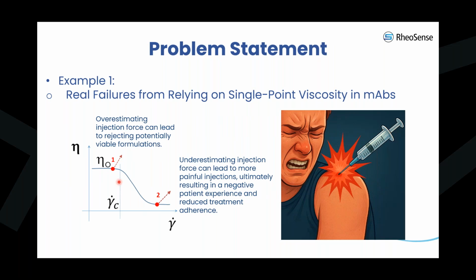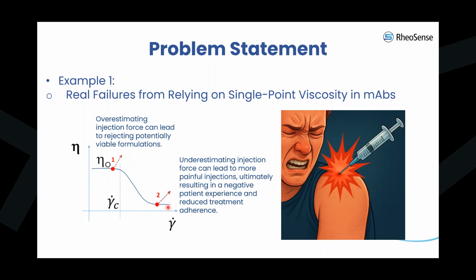And at those high shear rates, the viscosity actually drops because mAbs are shear thinning. So by only measuring viscosity at 0.1 or low shear rates, they overestimated the viscosity and therefore overestimated the injection force. As a result, they rejected a formulation that might have worked perfectly well in real-world conditions.